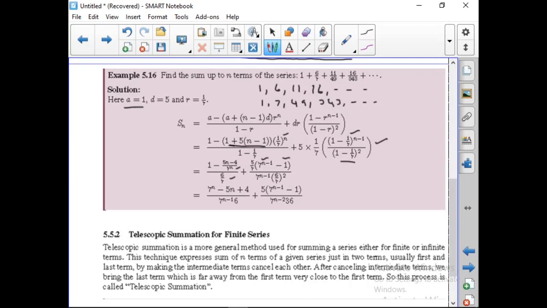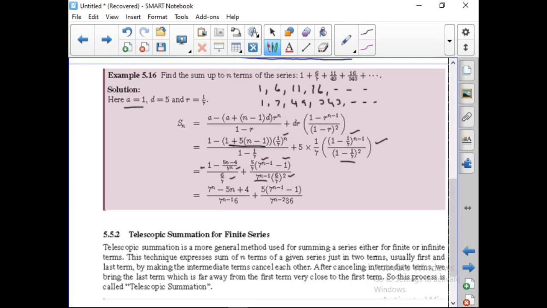Here, 7 is the LCM. So, 7 minus 1 is 6, 6 by 7 the whole square, and in the numerator 7 power n minus 1. Okay, the LCM numerator 7 power n minus 1 comes to the denominator. So, you get this. Now again you are taking LCM. So, here 7 power n is the LCM.